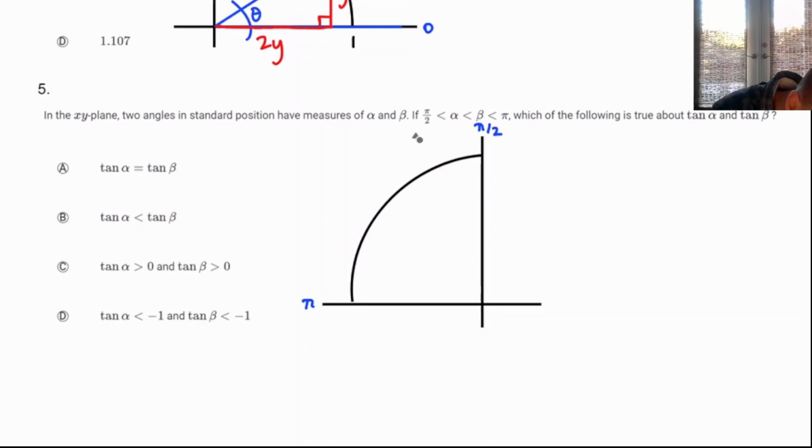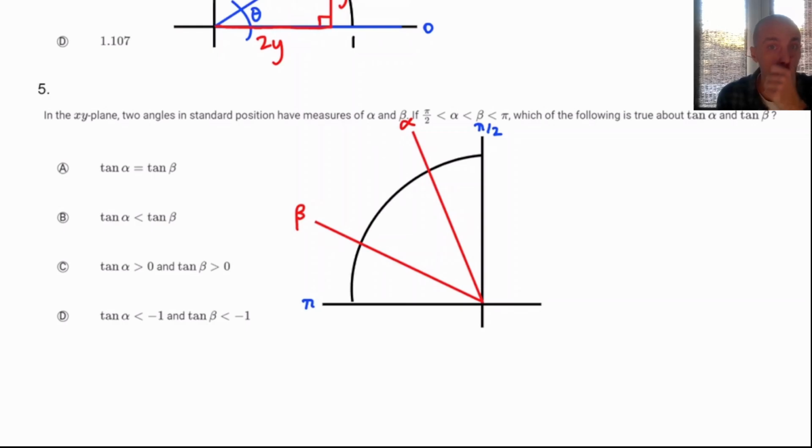So I'm just going to draw a terminal ray here, and then I'm going to have a terminal ray over here. I'm going to say this one over here corresponds to angle alpha, and that one's going to correspond to angle beta.